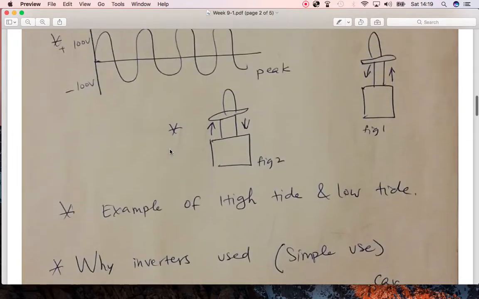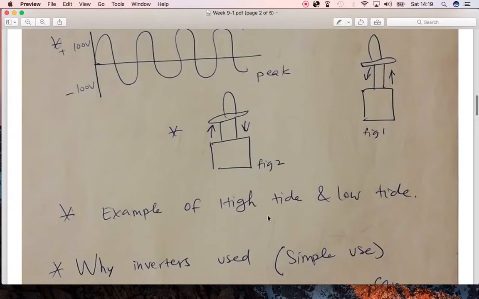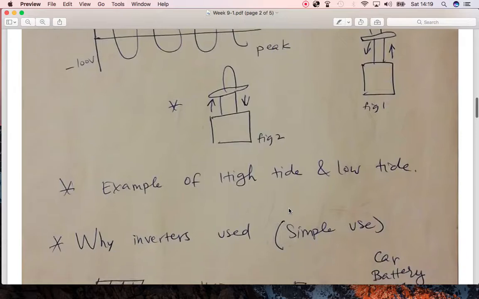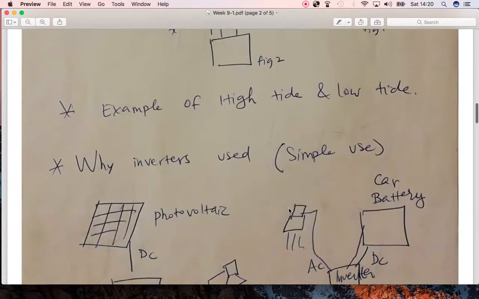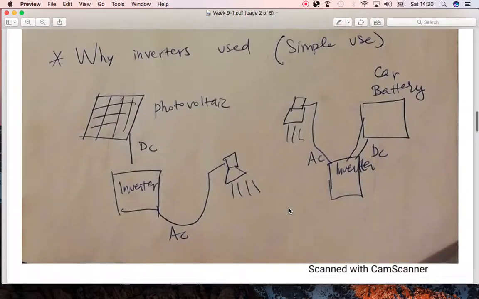We can have an example of AC power like in the sea. We can see that we have different tides of different high and low levels, and they can be moving forward as well as backwards. So that can be a very simple example of the AC power.